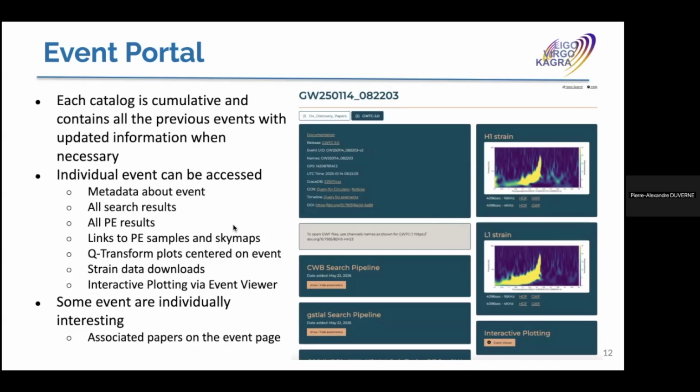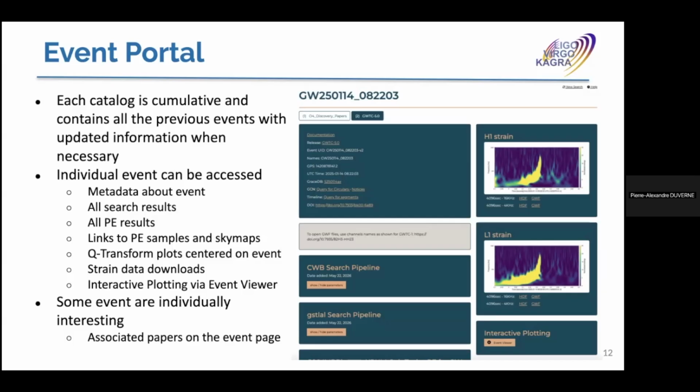And then if you want to check a specific event, you can click and you should arrive on a similar page where you have a lot of information about each individual event. So the metadata about the events, such as the GPS time when it was detected, its name, and its identifier in the database. For example, you can also see the GCN message that was sent and distributed once it was detected online.